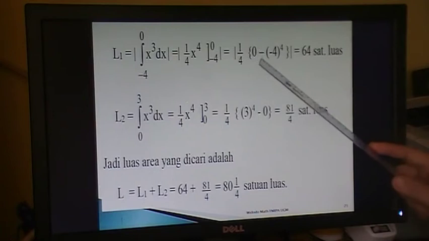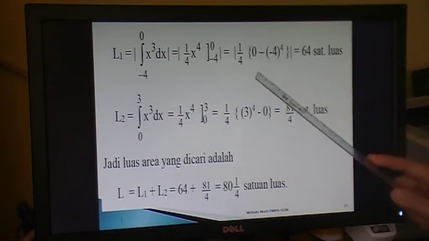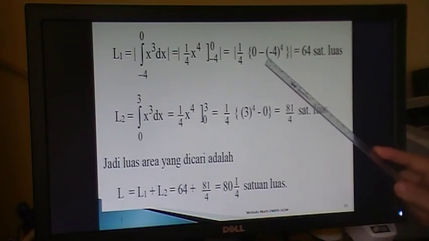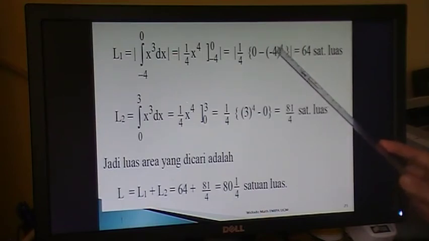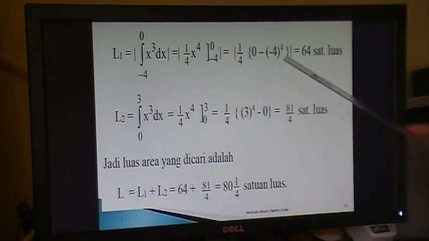So it is equal to 1 over 4 times 0 plus 4 to the power of minus 4 to the power of 4. So it is equal to 64, 64 square units.